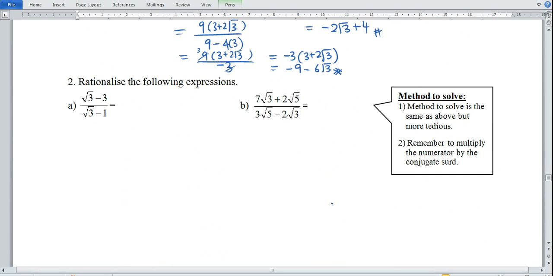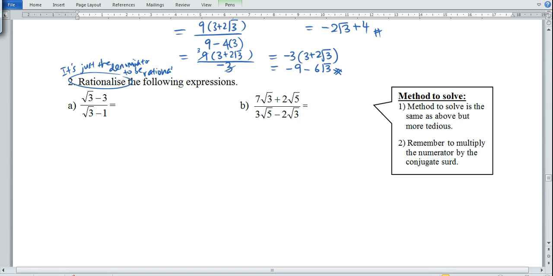Now, how about in this case where there are both surds at the numerator and the denominator? Don't worry, you can still do the same. When it comes to rationalizing, it's okay for the numerator to have surds. It's just the denominator to be rationalized.